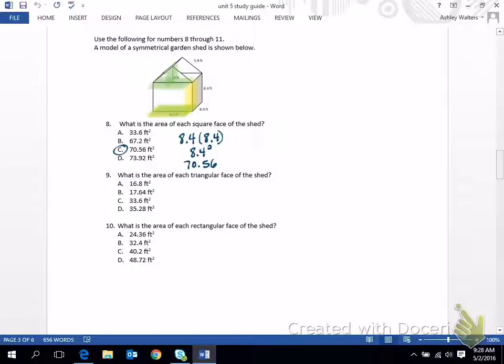So again, the area formula for a triangle is base times height divided by 2, which means 8.4 times 4 divided by 2. 8.4 times 4 is 33.6. And when you divide that by 2, you come up with 16.8, which is A.